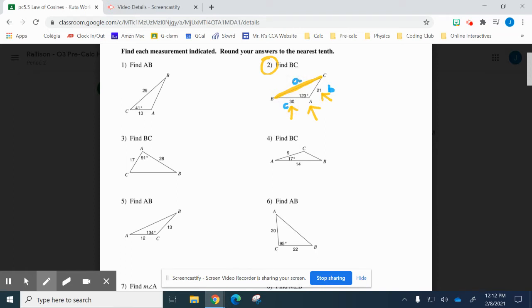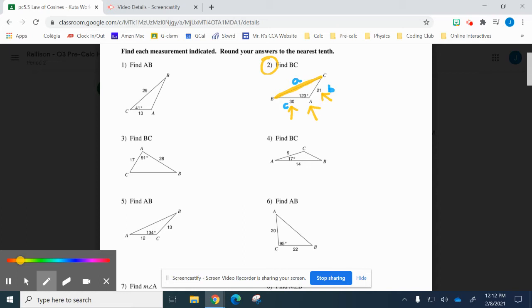And you remember what I said about the law of cosines: the big important thing is to make sure that the angle that you're taking the cosine of and the side that's squared have to be on the opposite side of the equal sign.